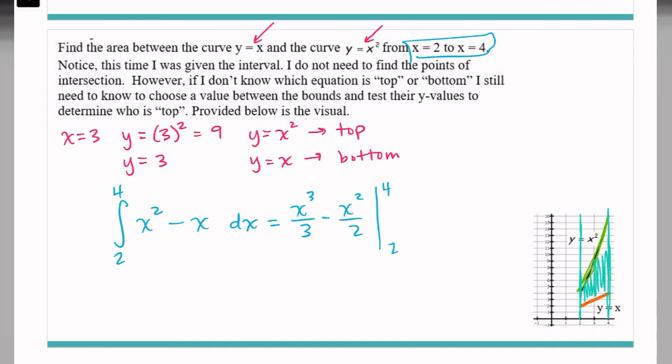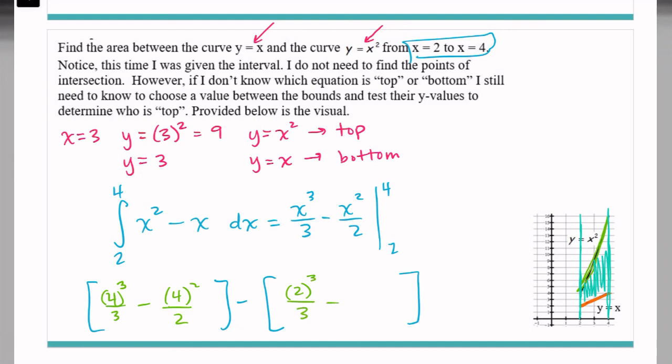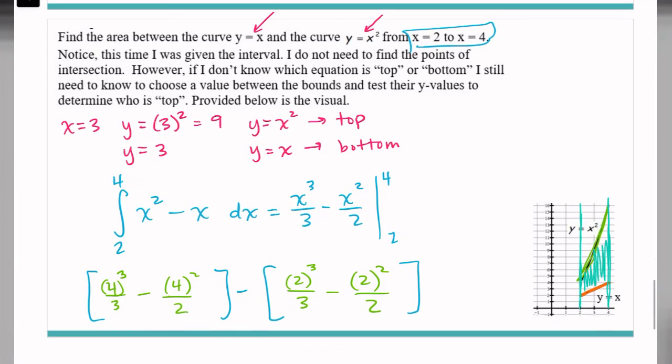We should make sure that our notation is accurate every time we're doing this. And now we need to do top minus bottom. So 4 to the 3rd over 3 minus 4 squared, always use parentheses, over 2, minus 2 to the 3rd over 3 minus 2 squared over 2.